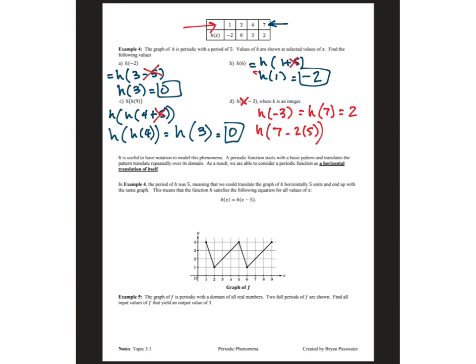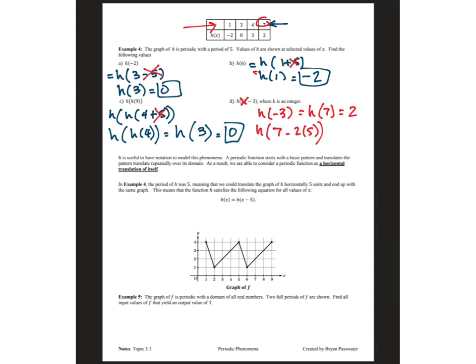Where did the 7 come from? 7 is a value in my table. You could use any of these values, but you've got to be able to come up with a negative 3, and you're operating on the period, which is 5. Multiples of 5. If I do 4 minus 5, I get negative 1.